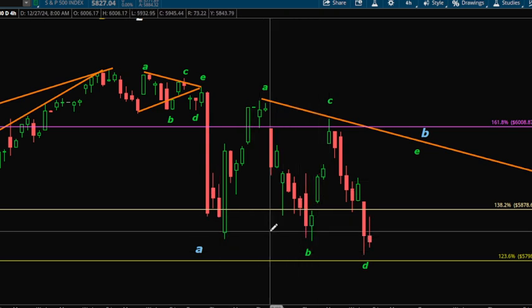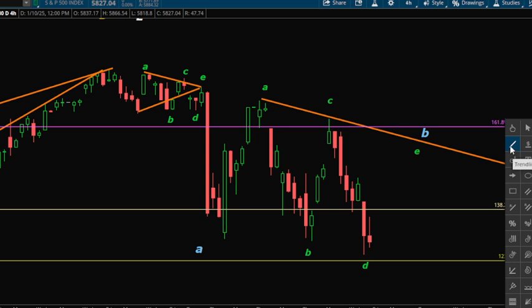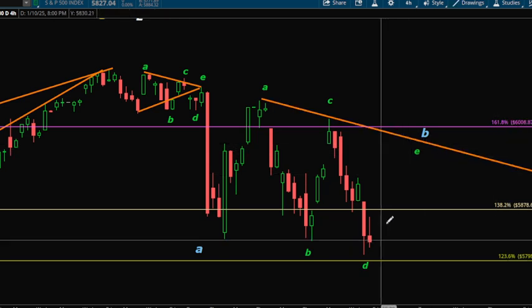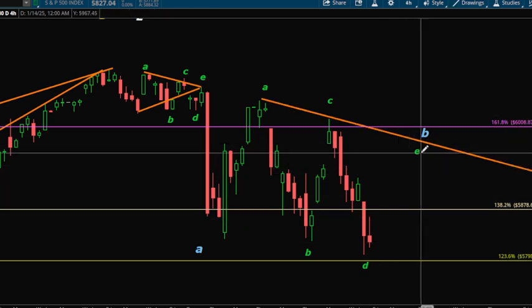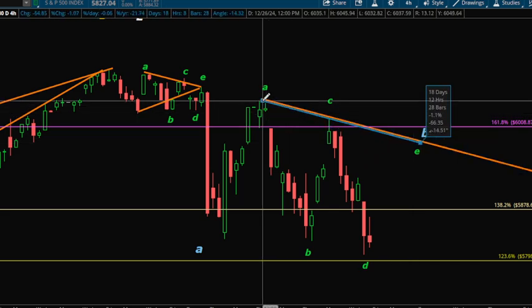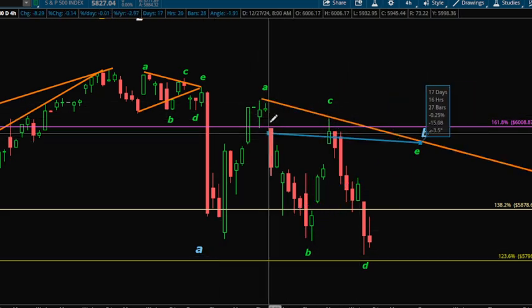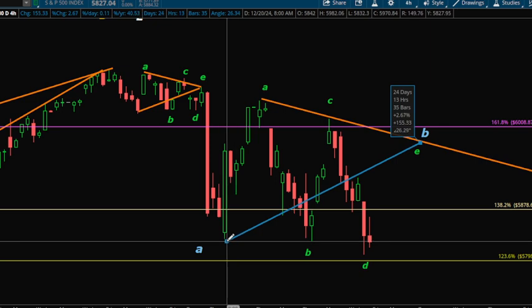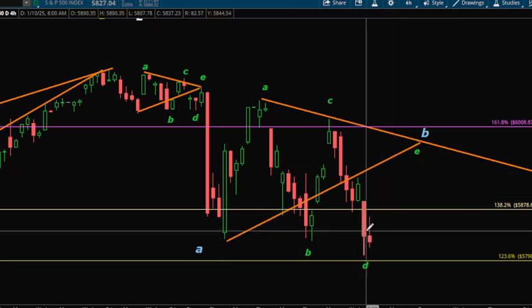I'll put a post out for that. But let's do this real quick. Let's just say the E leg. Let's try to eyeball it. Let's say it ends right here. We've already got our wave there on the high of A. Let's go to the low of A. There's your breakouts.